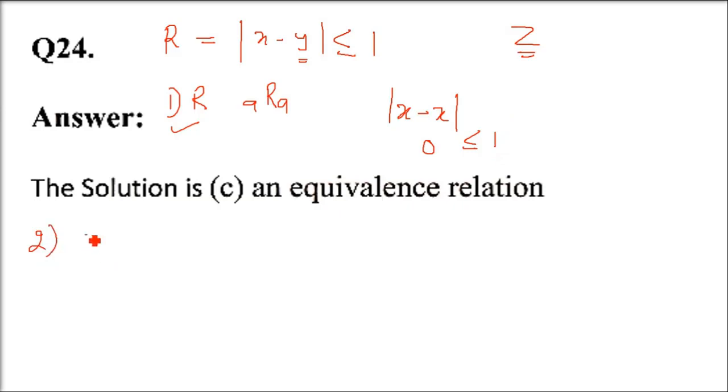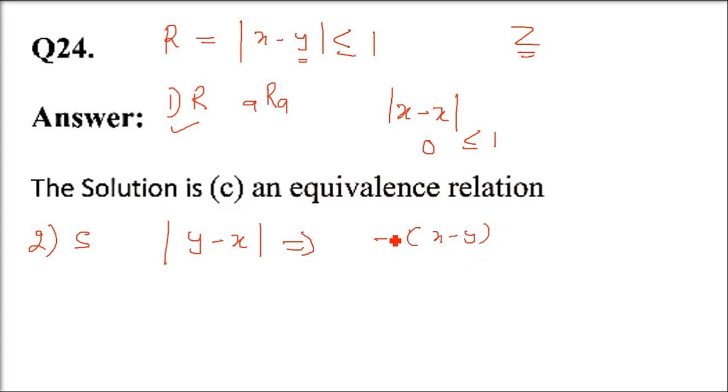Second one, symmetric. Symmetric means what? We just replace x by y and y by x. So |x minus y| is less than or equal to 1. If we assume this to be true, |y minus x| should be less than or equal to 1. How do we write this? y minus x we can write as negative of (x minus y).